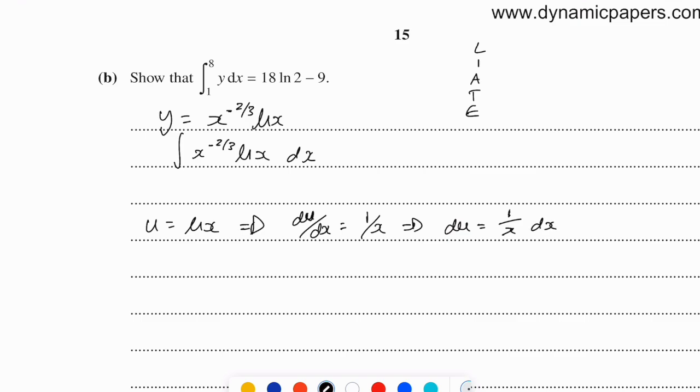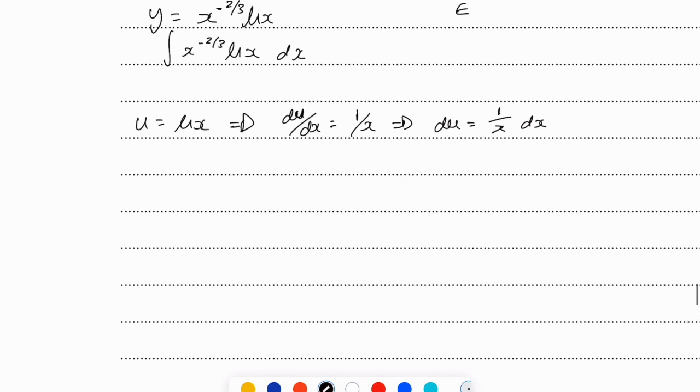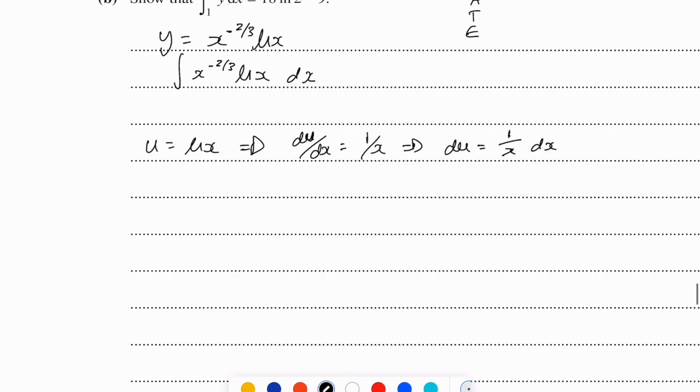Now, for the next part, we're going to say dv by dx is going to equal x to the negative 2 over 3, which means that dv is going to equal x to the minus 2 over 3 dx. Brilliant.